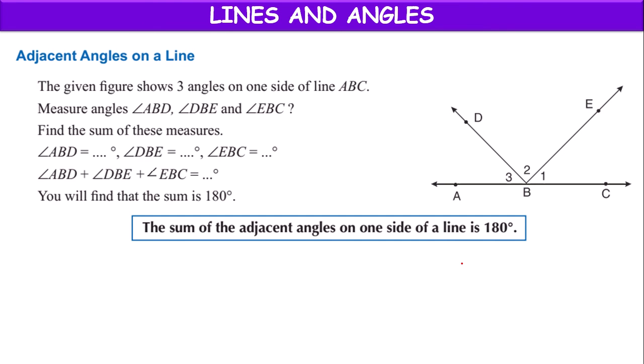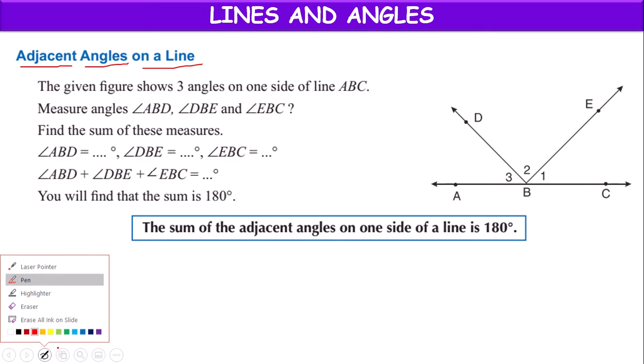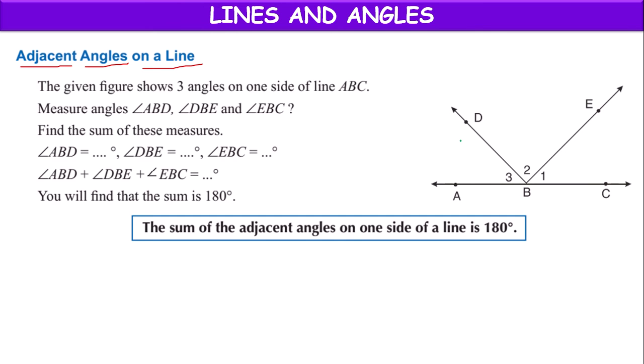The concept is adjacent angles on a line. Here, the given figure shows three angles on one side of line ABC.